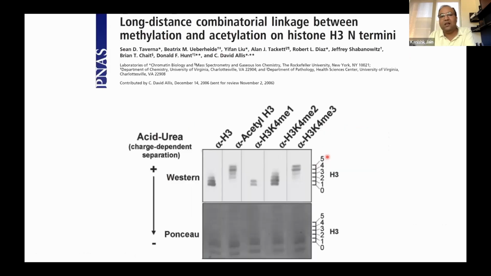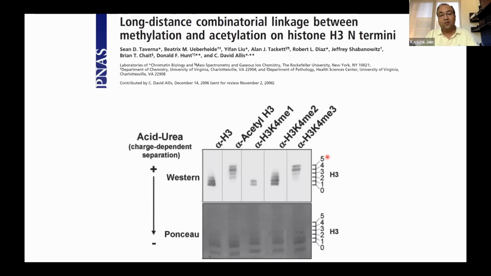So all of this is to say that for almost 2 decades now, we have been thinking about H3 acetylation and H3K4 trimethylation, methylation in general, as these concurrent gene-activating marks.